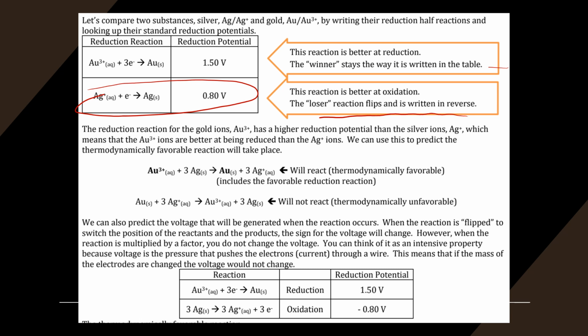After you combine them, you see that the way it's written, with gold 3 plus producing solid gold and the silver producing silver ions, this will react, and it's considered thermodynamically favorable. It includes the favorable reduction reaction. If it's written the other way, it's not considered thermodynamically favorable.